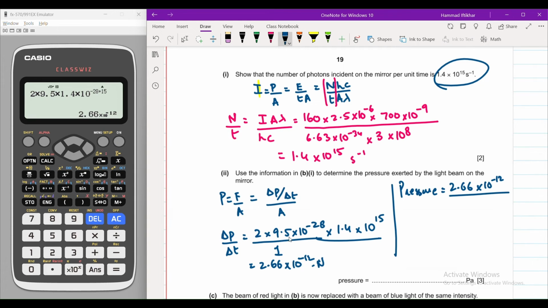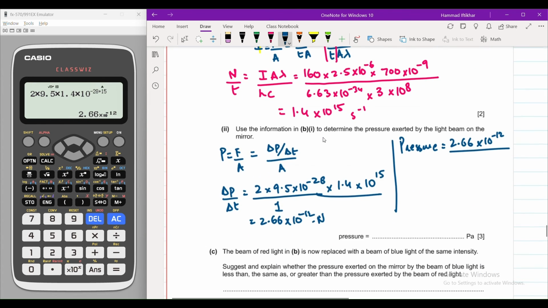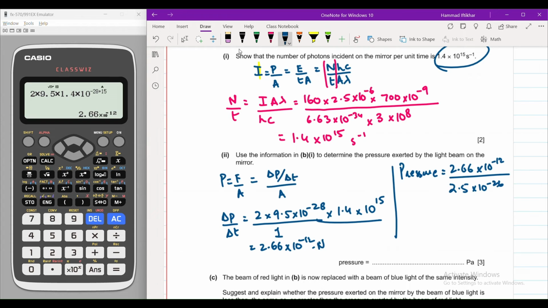The cross-sectional area that we used was 2.5 × 10^-6, sorry, minus 6. So divided by 2.5 × 10^-6, we get 1.1 × 10^-6 pascals. So this is 1.1 × 10^-6 pascals.